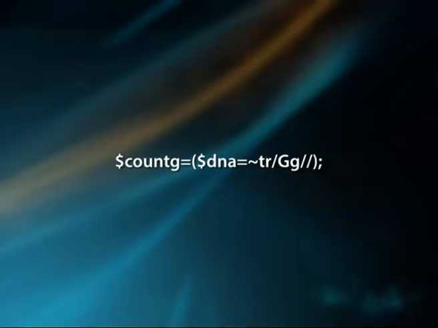To count the G's, the statement used in the subroutine is $countG = ($DNA =~ tr/Gg//). Here tr is a transliterate or translation function. tr translates a set of characters into new characters. The set of characters to be translated are between the first forward slashes. The set of characters that replaces the originals are between the second and third forward slashes.